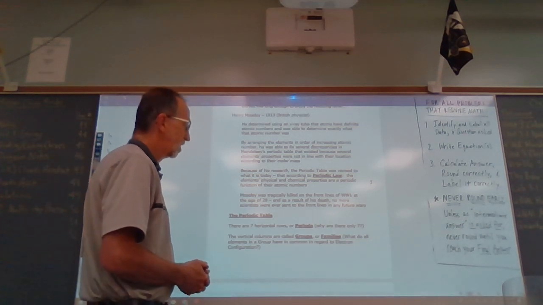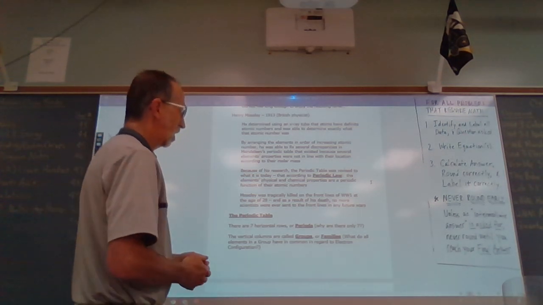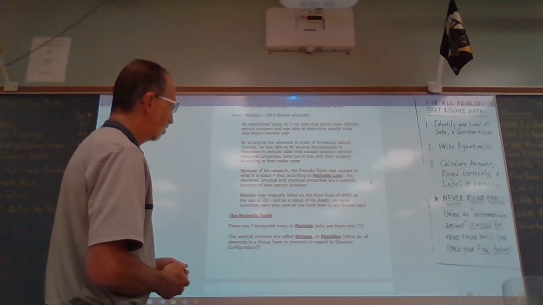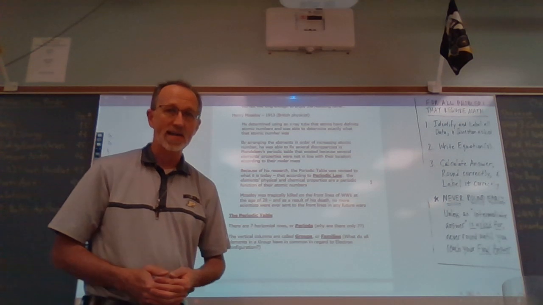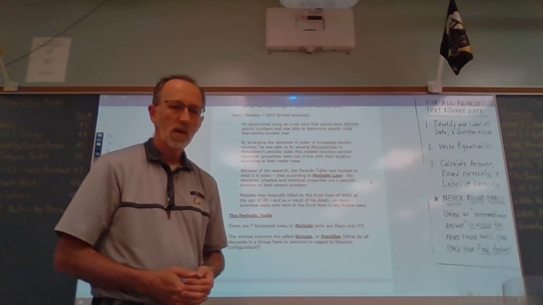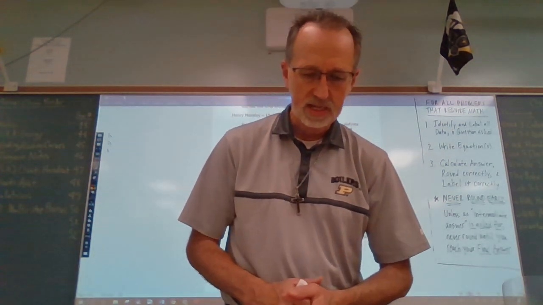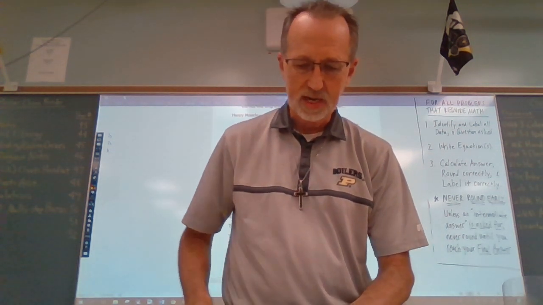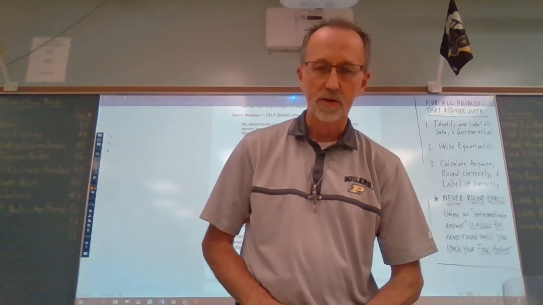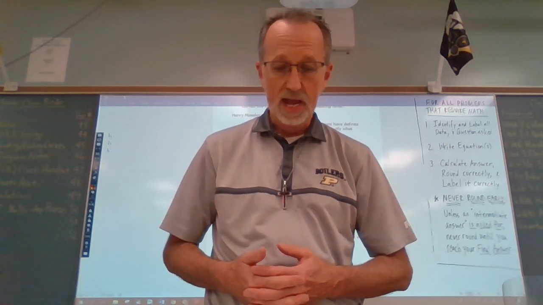And he was able to fix several discrepancies in Mendeleev's periodic table that existed because several elements' properties were not in line with their location according to their mass. For instance, as I look at the periodic table here, tellurium number 52 and iodine number 53, tellurium actually has a greater mass than iodine has.